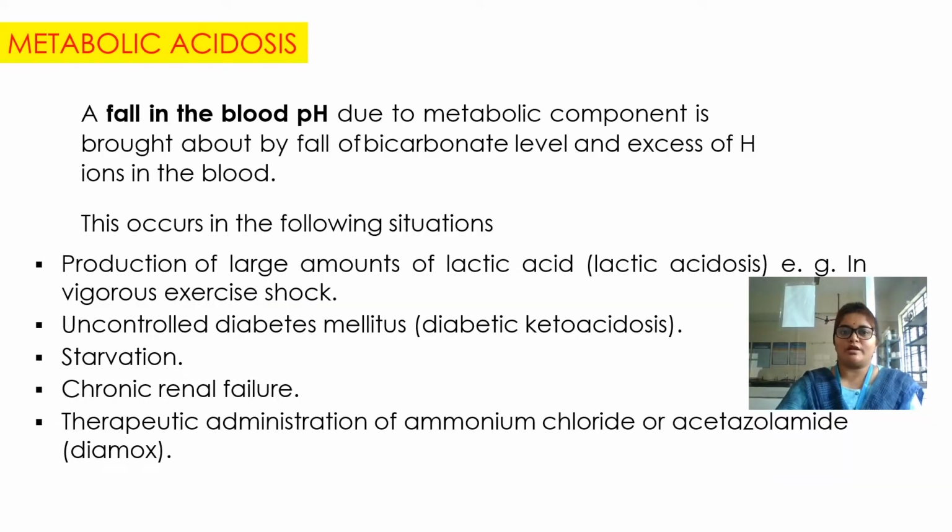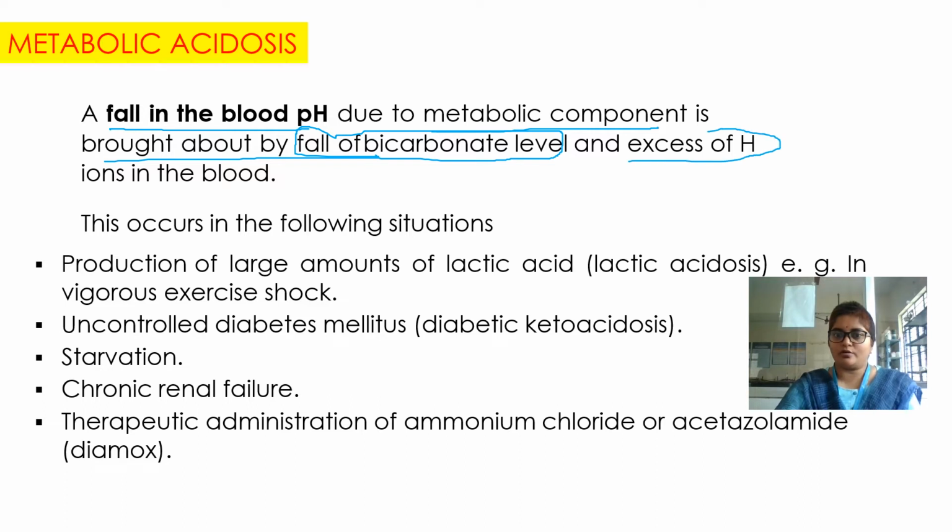Right? So let us see what metabolic acidosis is. A fall in the blood pH due to a metabolic component is brought about by a fall in bicarbonate level and excess of hydrogen ions in the blood.